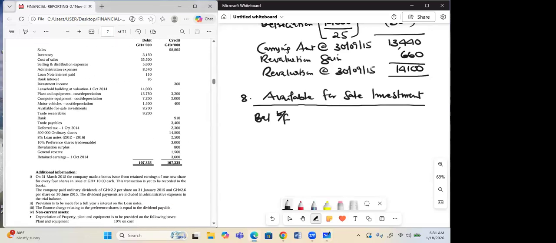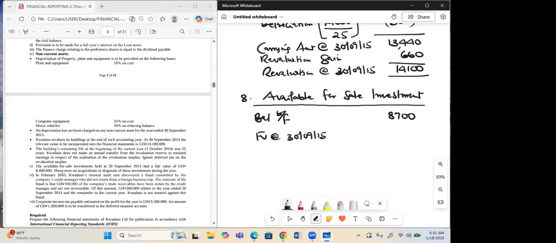That's investment, available for sale investment. Can you see it here? Yes, 8,700. So it was 8,700. Now, the fair value at 30th September 2015, they said the fair value has become what? 8,400.